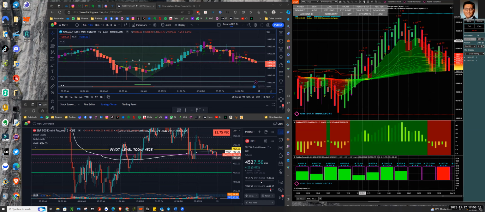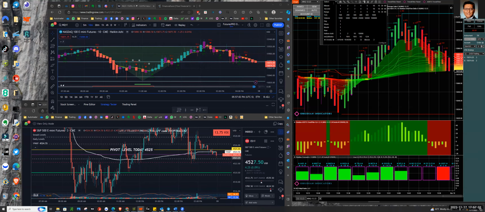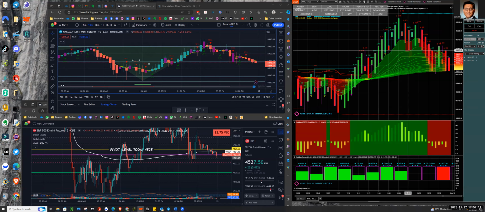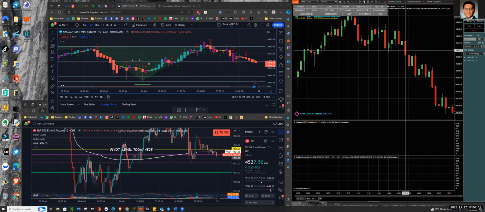That's the funny part. But keep in mind that this is highly customizable. You can even do ticks, by the way. Somebody trades manually on ticks.